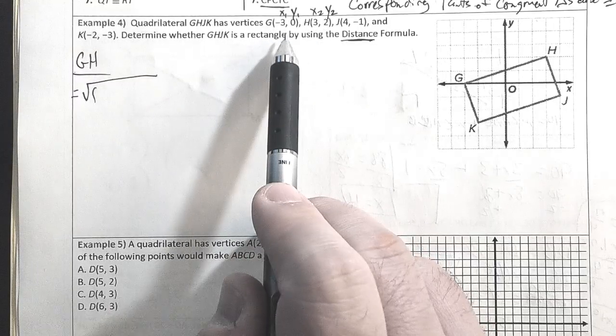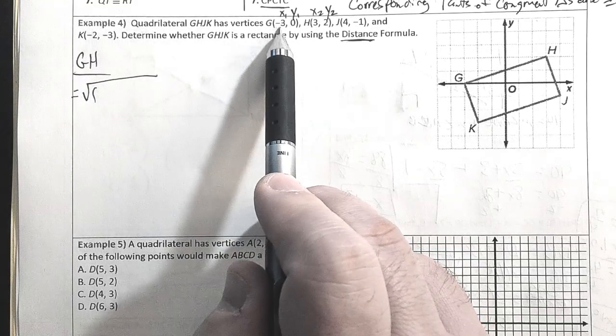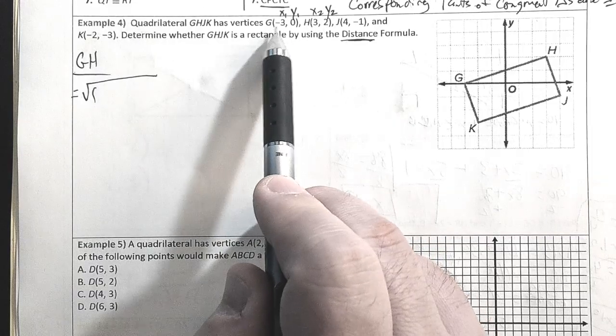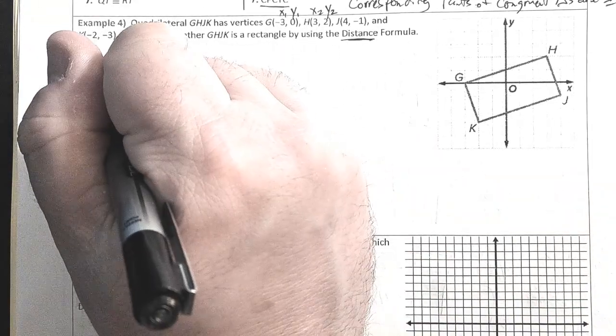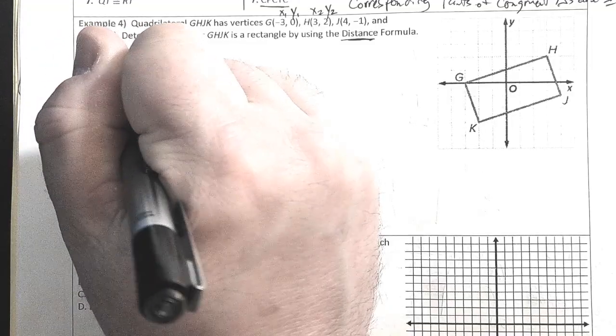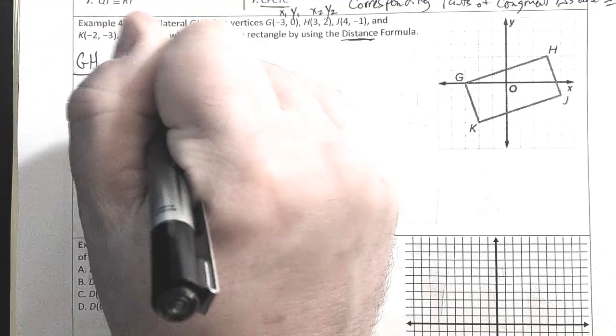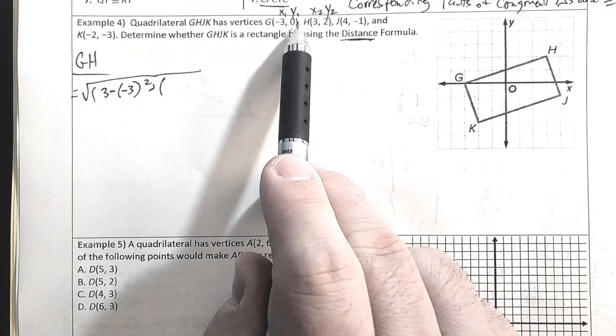So it's going to be x sub 2 minus x sub 1. Notice this is a negative, so it's going to be 3 minus negative 3, which is 3 plus 3. Squared plus, and then we've got 2 minus 0.